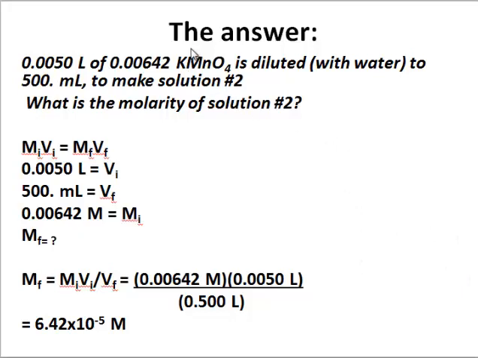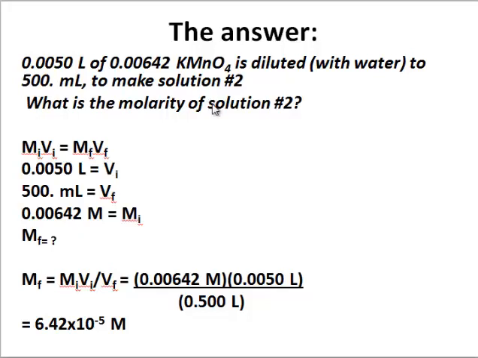Right, once you have this relation, M_I V_I equals M_F V_F, dilution problems become pretty straightforward. You may have already attempted the answer, but here's the answer using M_I V_I equals M_F V_F. I restate the problem here. 0.0050 liters of 0.00642 molar KMnO4 is diluted to 500 milliliters to make solution 2.